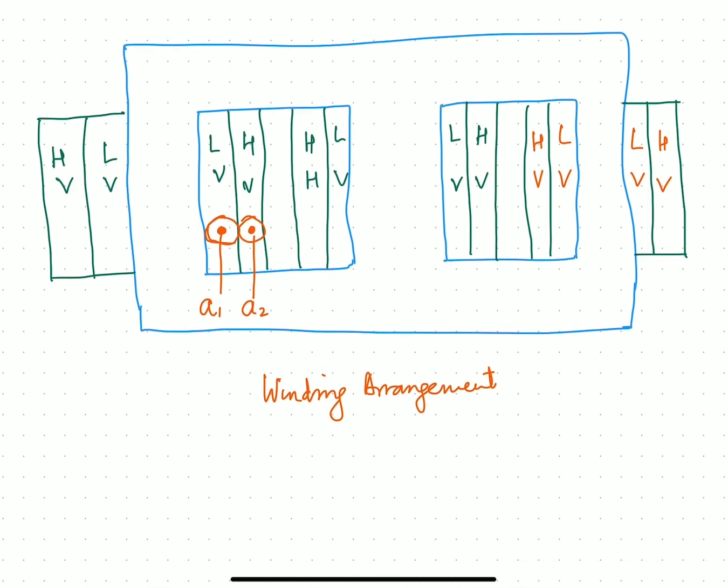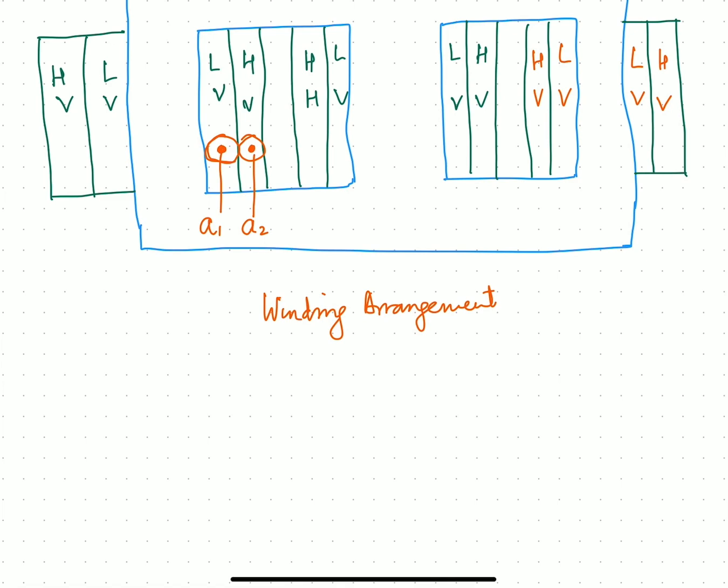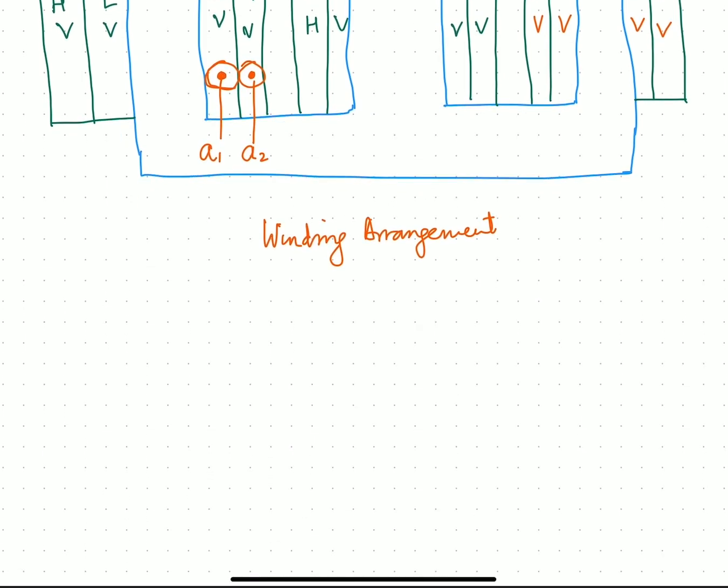So you have to remember that in each leg, that is this part is known as the leg of the transformer. This is one leg, this is second leg, and this is the third leg. So each leg has both primary and secondary windings of one phase.